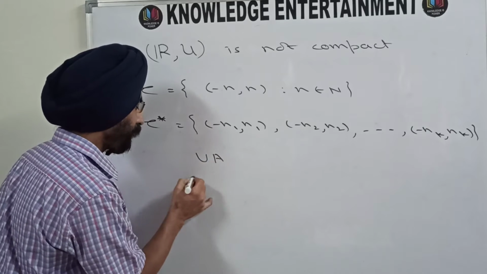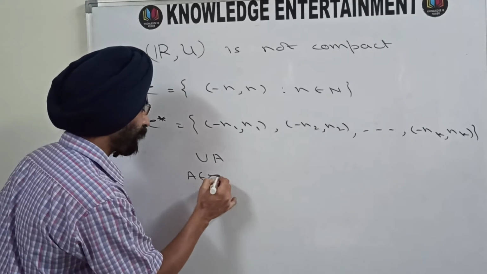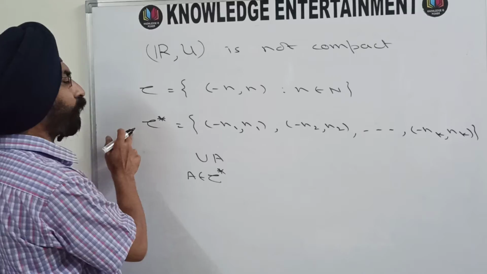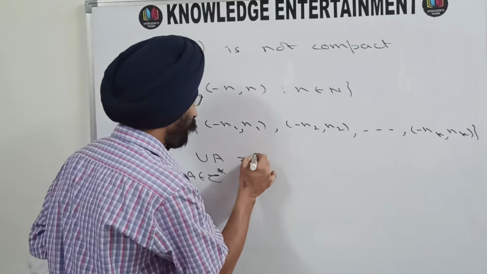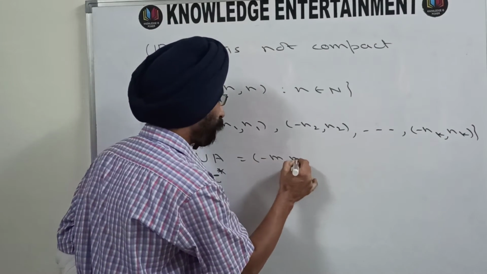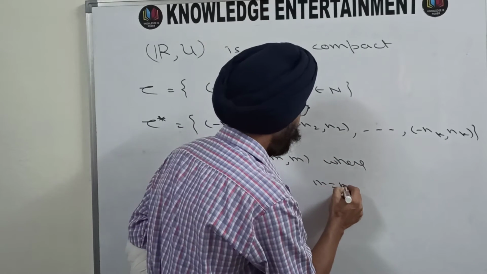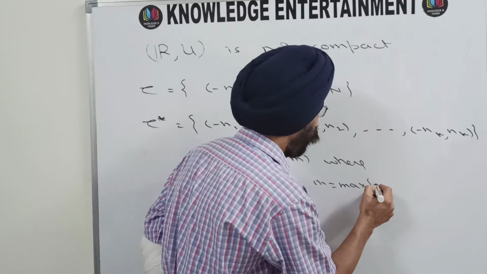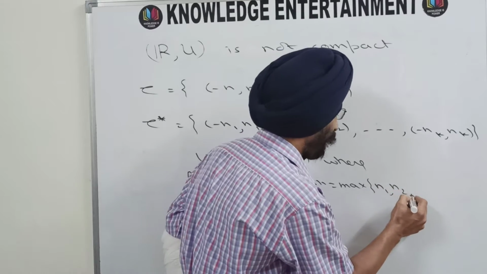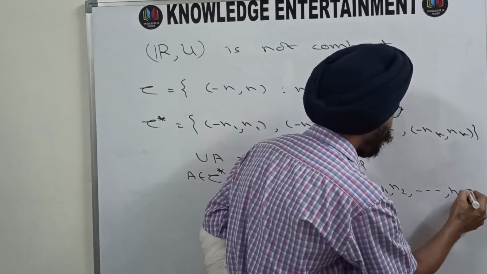Union of A, where A belongs to C star. That means the union of all the members of C star will be the open interval (-m, m), where once again m will be the maximum of all these n1, n2, and so on, nk.